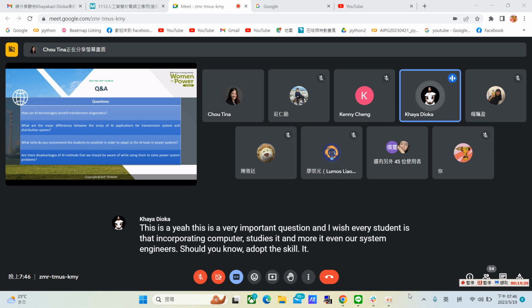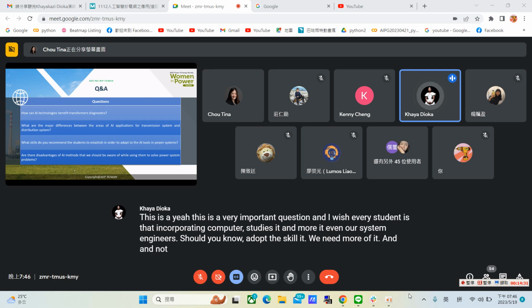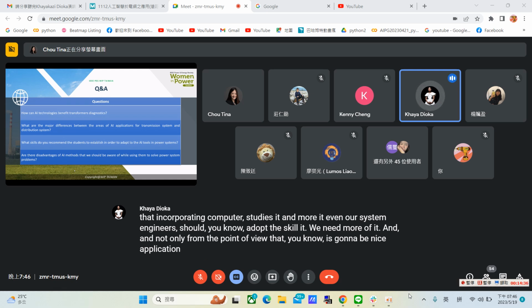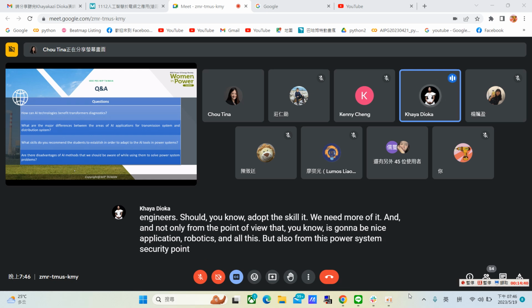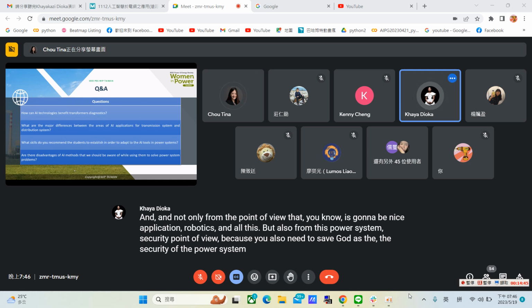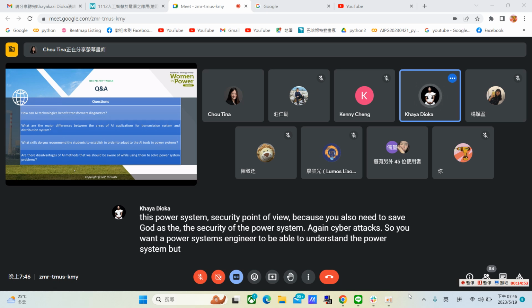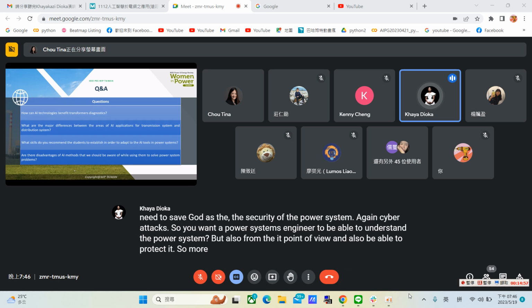We need more of it, and not only because there are going to be nice applications, robotics, and all this, but also from the power system security point of view, because you need to safeguard the security of the power system against cyber attacks. So you want a power systems engineer to be able to understand the power system, but also from the IT point of view, and also be able to protect it. So more IT for every engineer and anybody else that's interested in this.